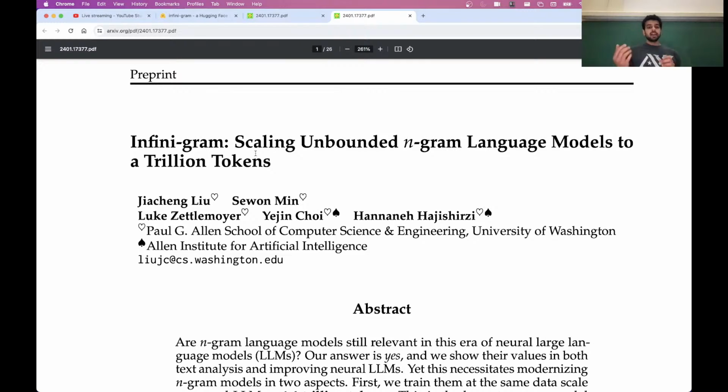Basically, if the prefix is never observed in the data set, it will back off: it'll cut off 1 token of the prefix and try again until it finds a prefix that was actually observed in the data set with some frequency, and then it uses that probability. So it's not a fixed value of n, but a more dynamic construction.